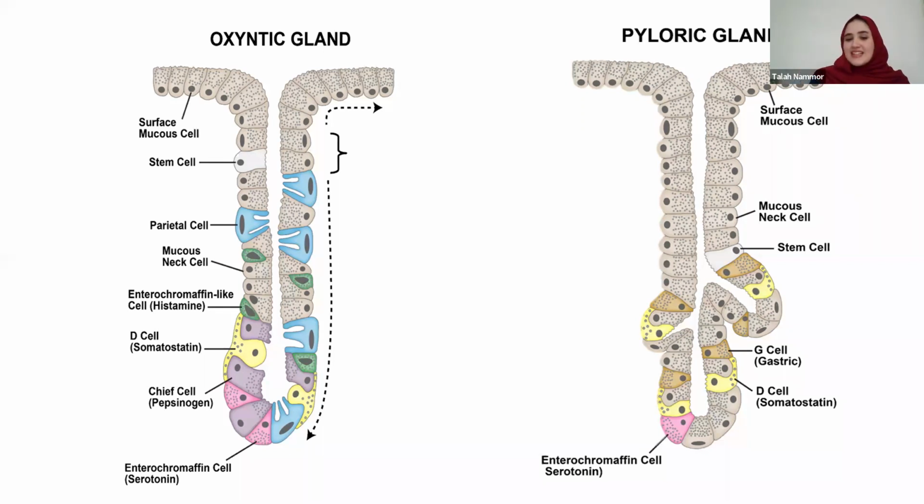Excellent. Intrinsic factor is really important because it binds to vitamin B12. If we don't have intrinsic factor, our body is not capable of absorbing B12. So guys, you just have to know: parietal cell, what does it secrete? HCl. What does it secrete as well? Intrinsic factor. That's it.